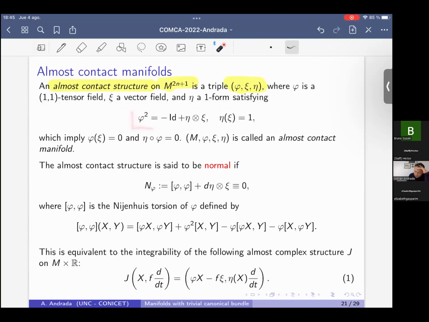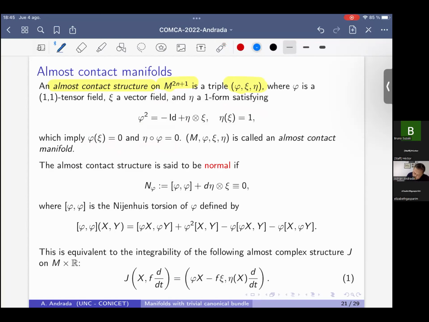Phi squared is minus the identity plus this part, which involves eta and psi, and eta evaluated in psi gives the constant function 1. It can be seen that it is natural to ask for this condition. I will show in a minute what it means. This implies that phi evaluated in psi is 0, and eta composed with phi is also 0.